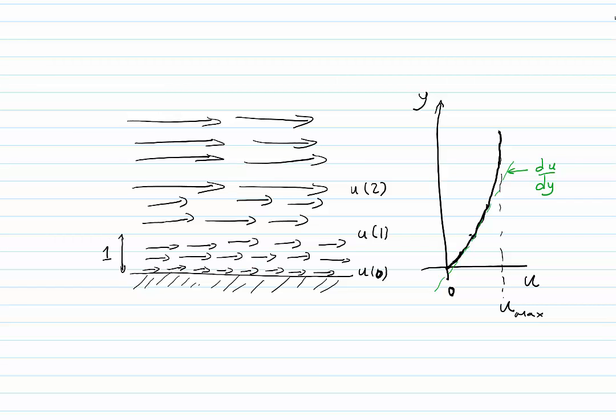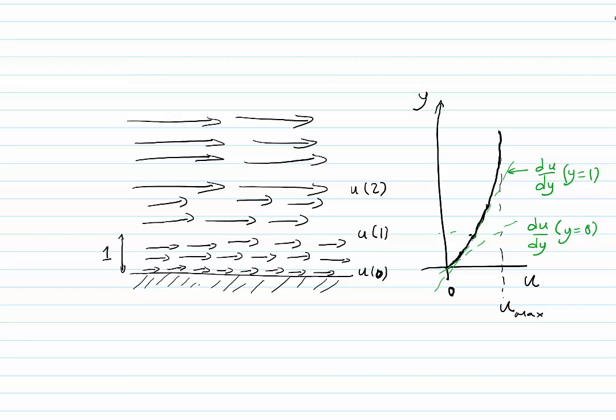If you look at here, this would be du dy at y equals 0. And this would be du dy at y equals 1. So there would be different slopes at different distances from the surface.